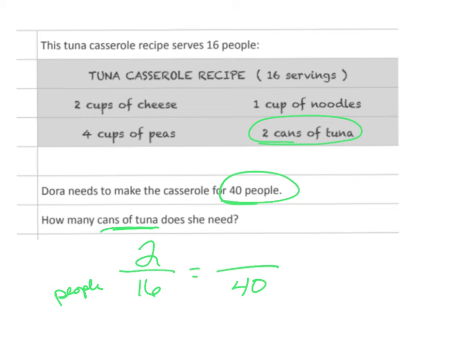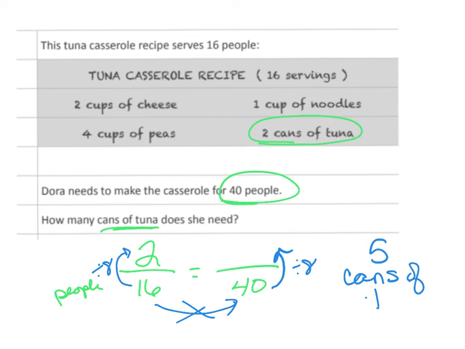So I'm going to look and I'm going to go 16 divided by 8 gives me 2. That's an easy way. I could go this way, but it's a little bit trickier, so I decide not to do it. So all I do is 40 divided by 8. So my answer is she needs 5 cans of tuna. And there is our answer.